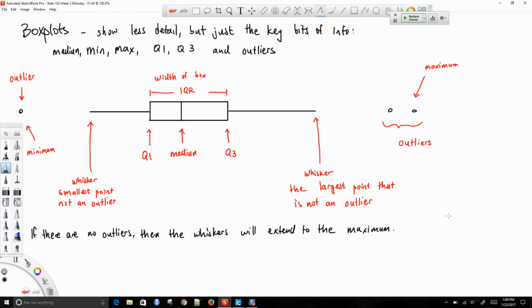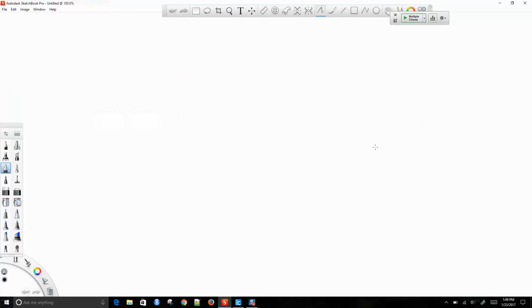So how do we decide what's an outlier and what's not an outlier? Well, as far as the box plot goes, the box plot sets up invisible boundaries that don't appear as part of the graph, but are used in the calculations for drawing the box plot. So as far as the box plot, what is an outlier?